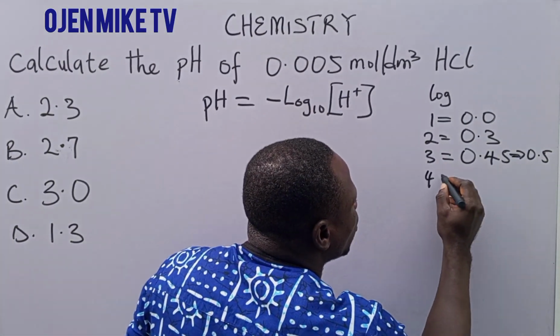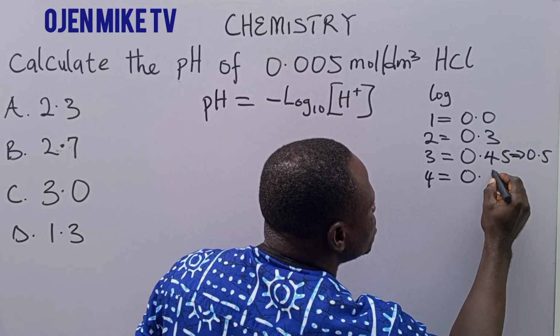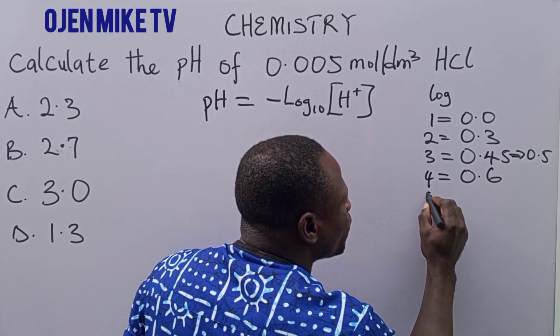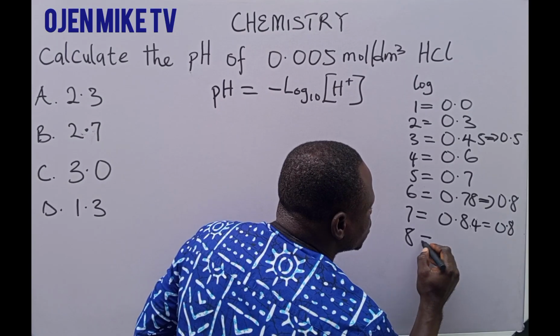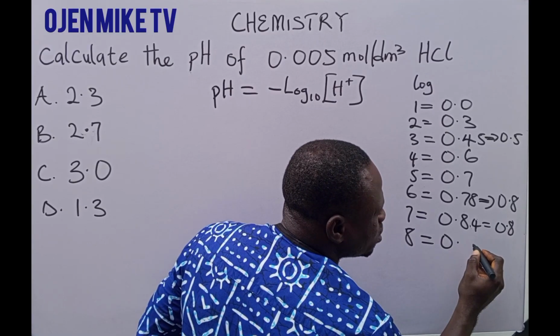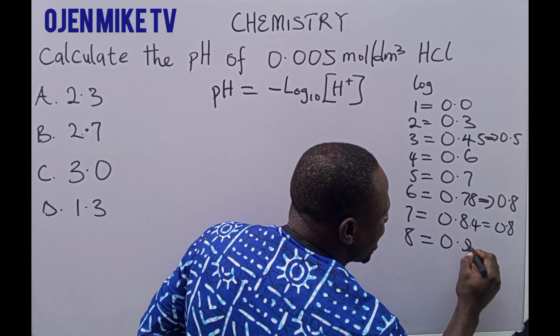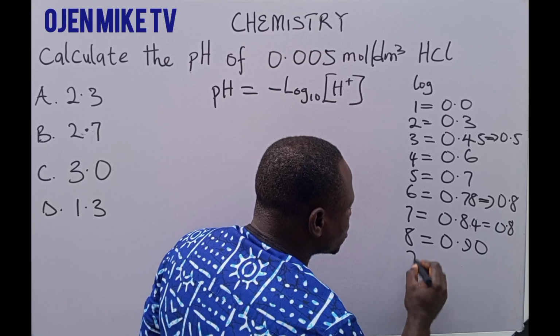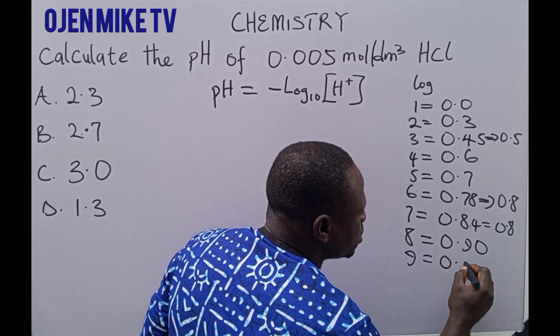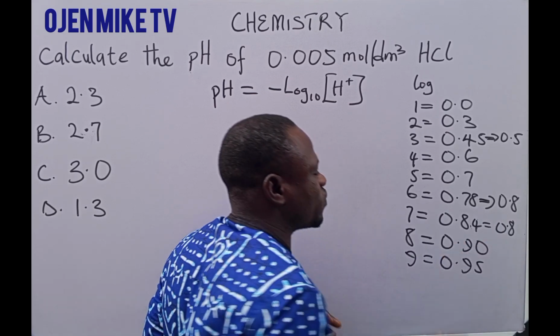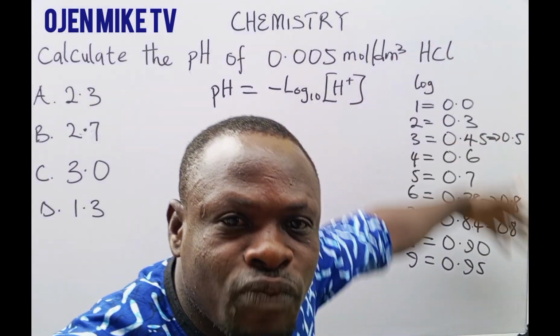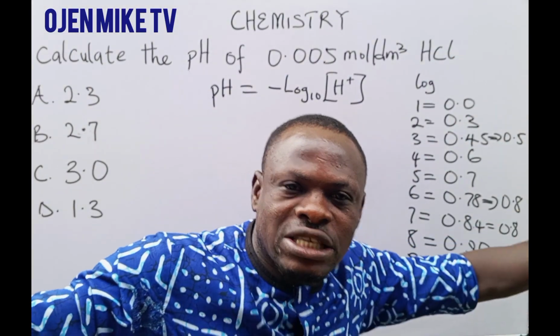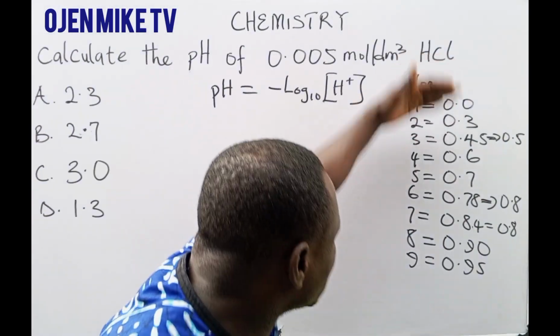Log 4 is equal to 0.6. Log 5 is equal to 0.7. Log 8 is equal to 0.90. Log 9 is equal to 0.95. When you remember all these values, it is very, very simple. Do you understand? Just remember these values.